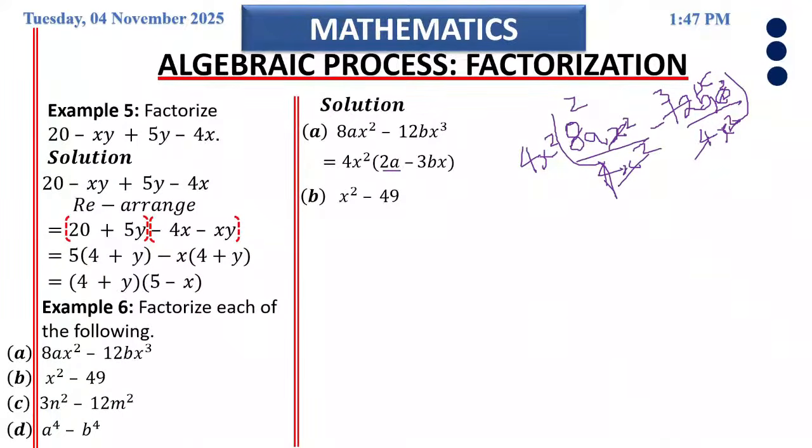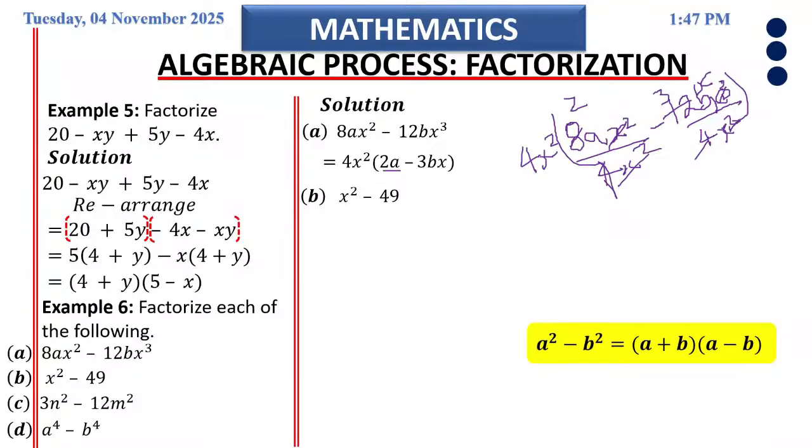Now the second one is, of course, you're familiar with this. What you're applying here is what you call difference of two squares. When you have two numbers that are different, meaning you have something minus something. In mathematics, what we're simply looking for is a known procedure that is applicable, that we can use to solve what we are trying to solve.